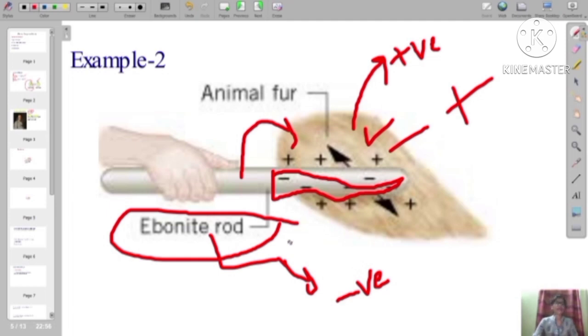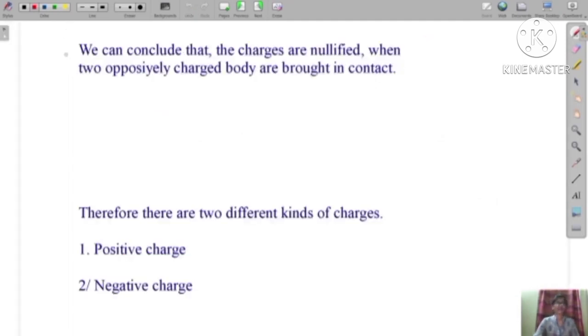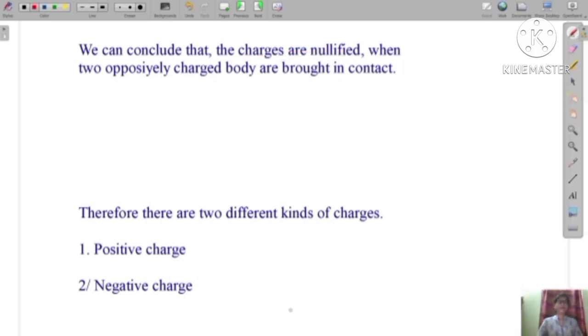Now you will get the conclusion. Here we can conclude that the charges are nullified. How are you going to say that the charges are nullified? As I told you, the glass rod is positively charged when it is rubbed with silk cloth. Similarly, the plastic rod is negatively charged when it is rubbed with fur.